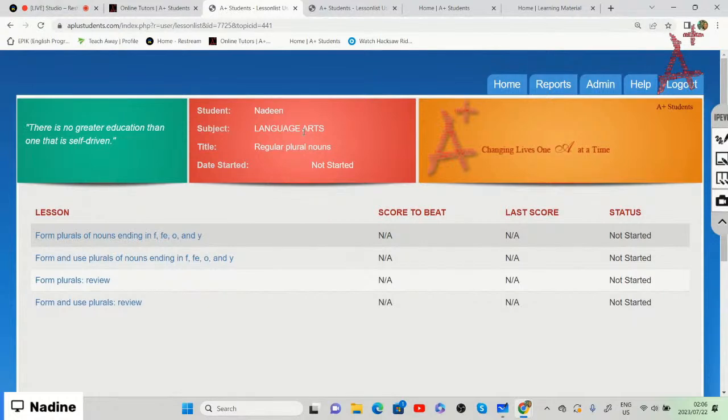Because with forming plurals, remember we always need to also use our plurals to see if we are able to use it or do it on our own. All right, so we're going into the first lesson, which is form plurals of nouns ending in f, fe, o, and y.